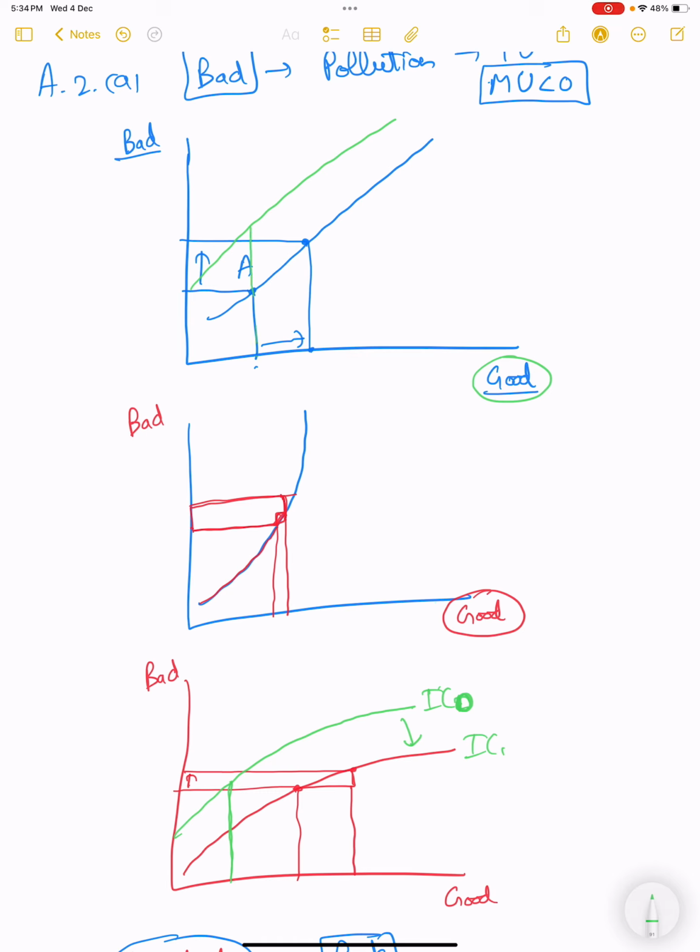So this is a fixed amount, suppose A, suppose B, and it leads to a higher amount of bad. This is the higher amount of bad you are getting, so this would lead to a lower indifference curve. So the more you get to this point would lead to a higher indifference curve. Similarly in this case.